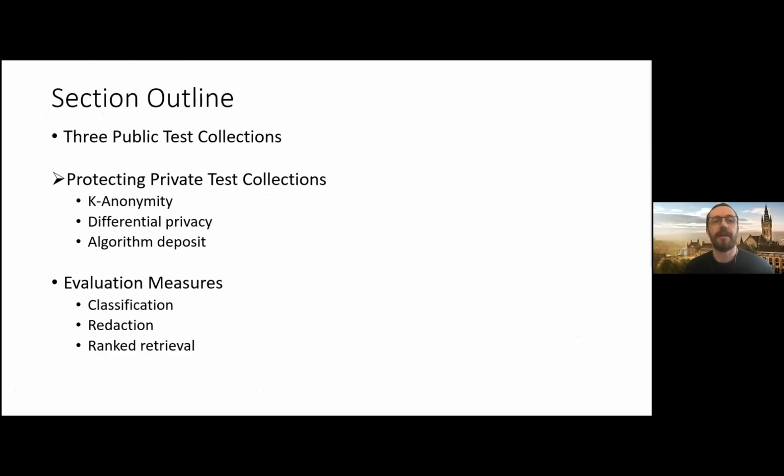Okay, so in the next part of the tutorial, we are going to move on slightly. So Doug has been telling us about some attempts at first inroads into being able to release collections publicly used to develop systems and evaluate systems that are primarily interested in handling sensitive information.